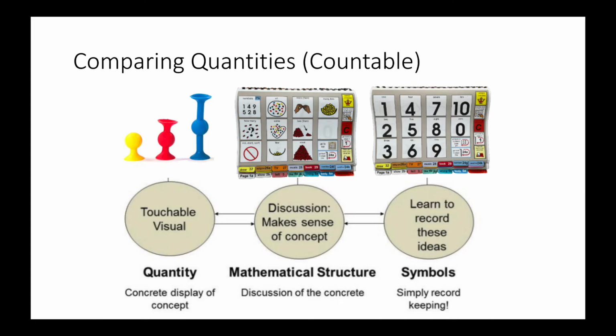So we're going to cover these three components. We're going to have our concrete manipulative, the touchable thing, the visual thing, our Squigs. And then we're going to have our POD book, and we're going to take a look in more detail at some of the pages that we can use, some of the words we can use in this type of activity. And then we're also going to look at the symbols that we can use to represent these quantities that we're talking about.